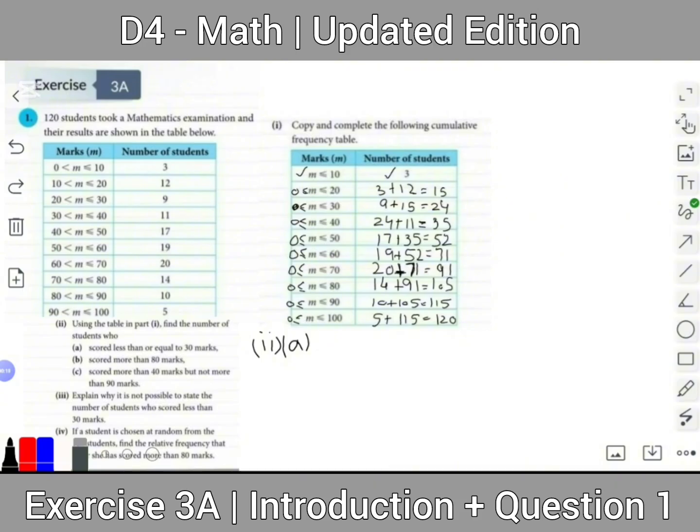So by using the table in part 1, we have to find out the number of students who scored less than or equal to 30 marks.